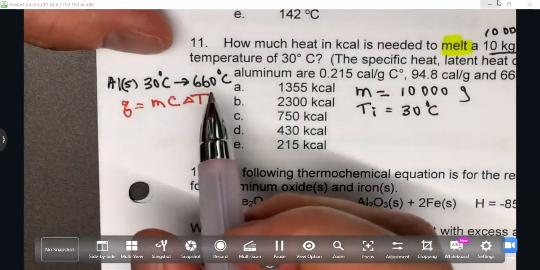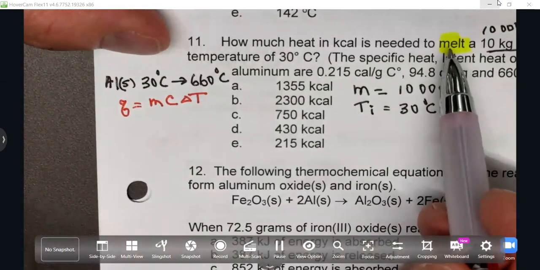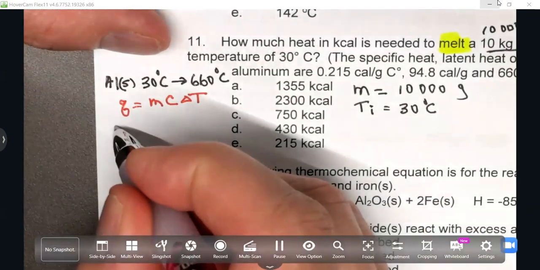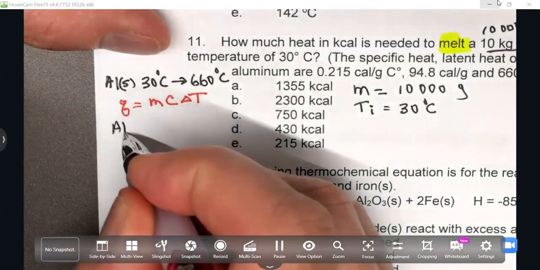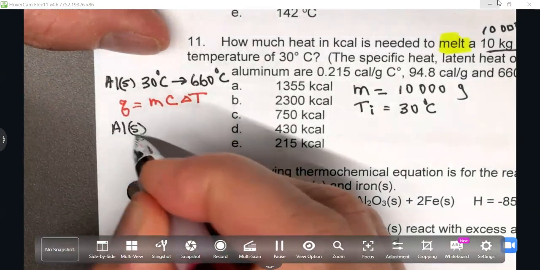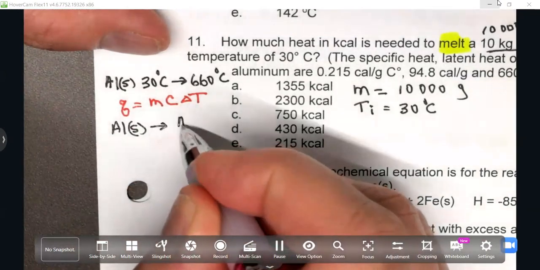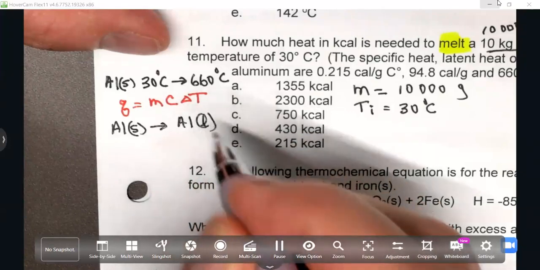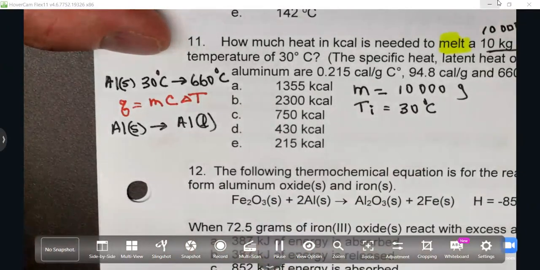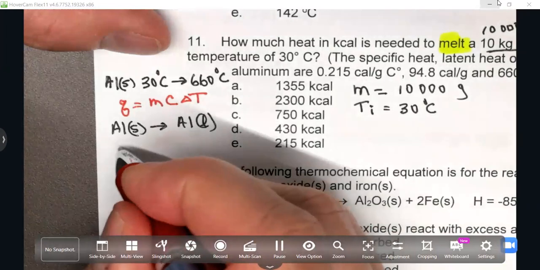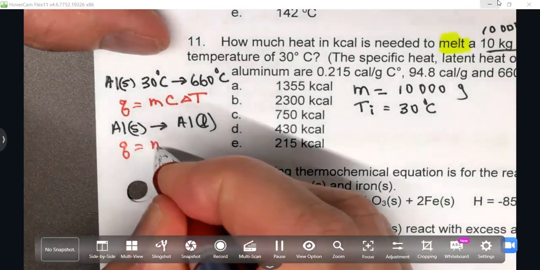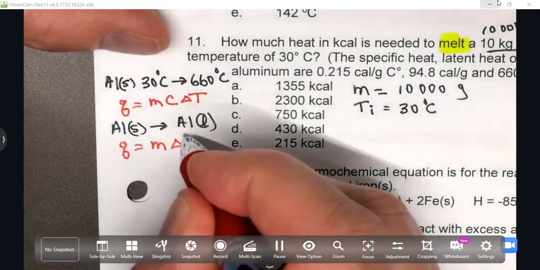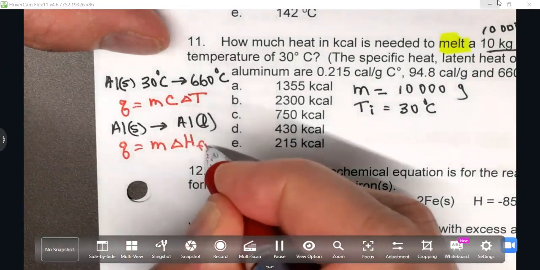Once you get it to 660, you still have to melt it. What is that going to be? You're really going to take aluminum solid to aluminum liquid at 660. It's not going to change. What is that formula going to be? Q is equal to mass times the enthalpy of fusion.